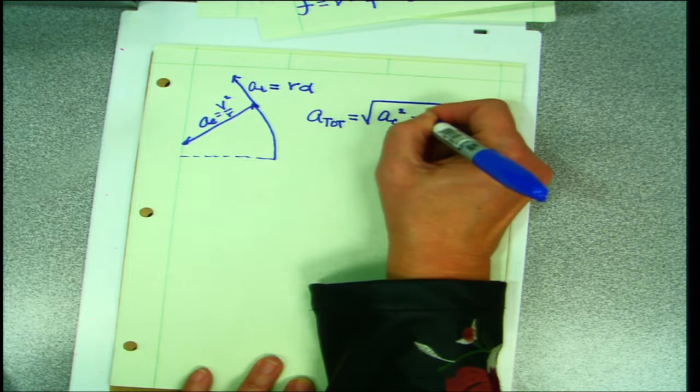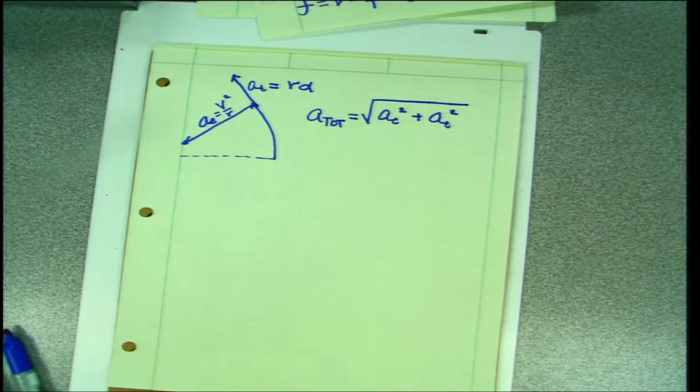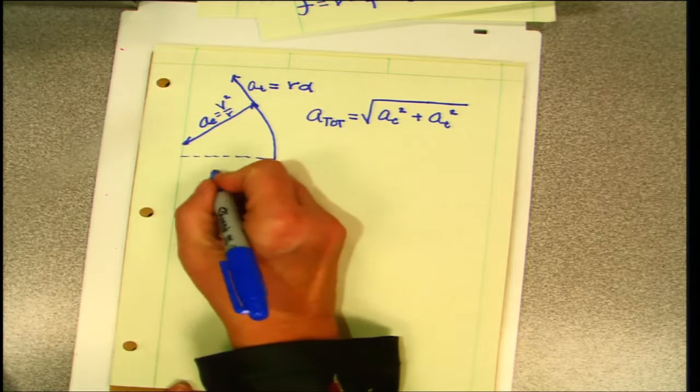Okay. And we've already figured this out. My tangential acceleration we figured out as 0.34 meters per second squared. My centripetal acceleration is v squared over r. We already figured out my linear velocity, that's 0.675 meters per second.